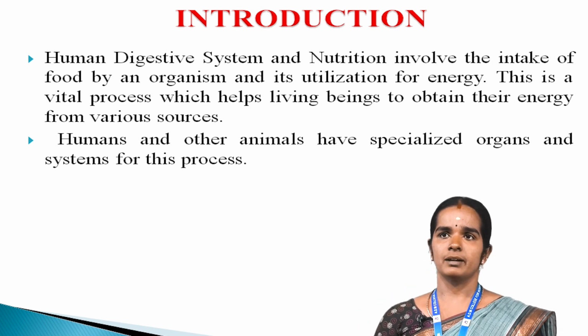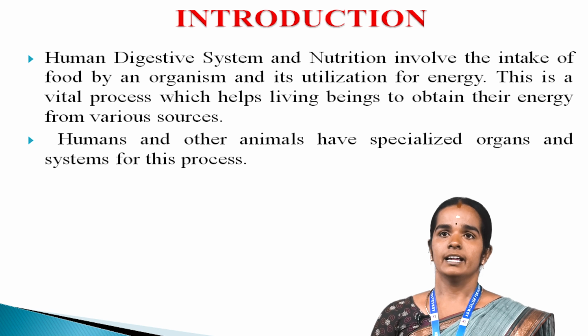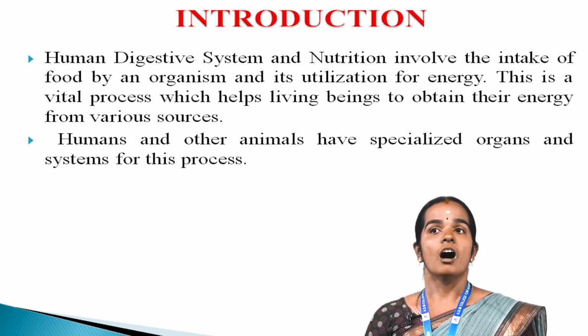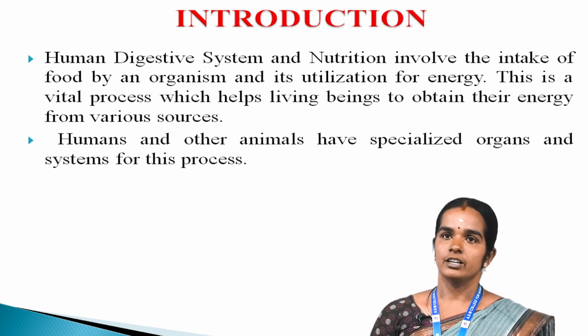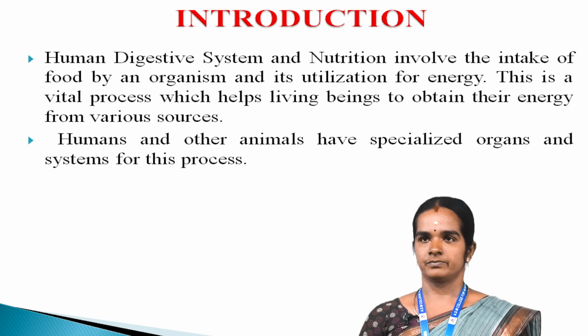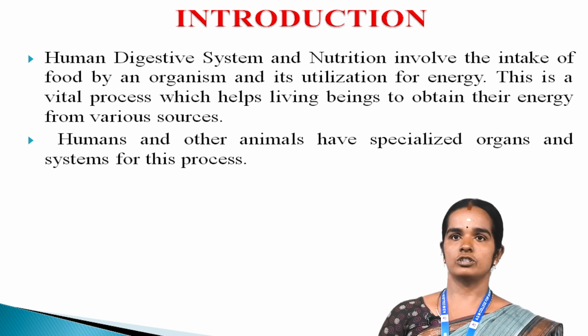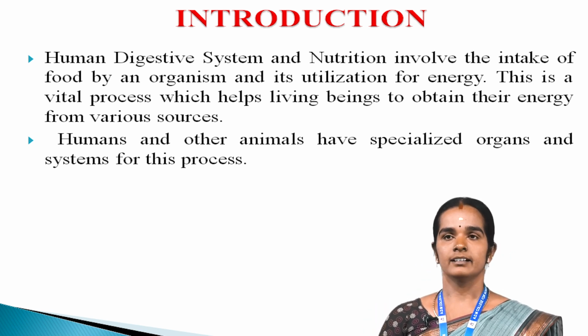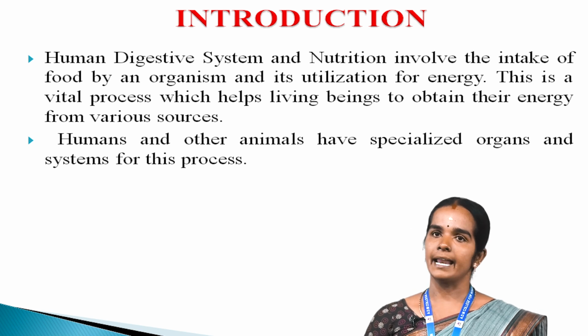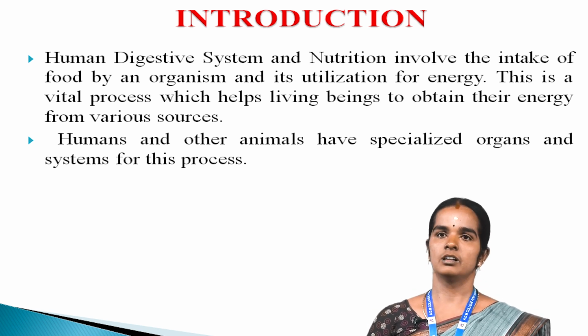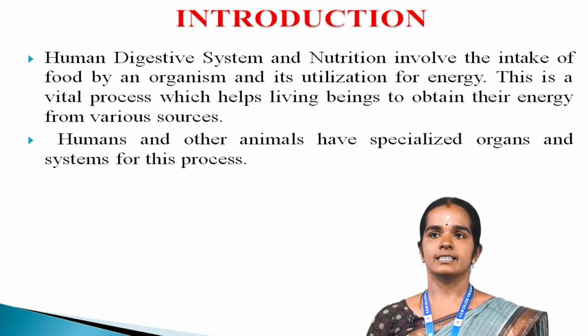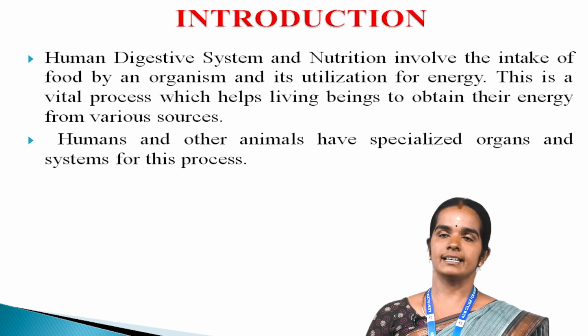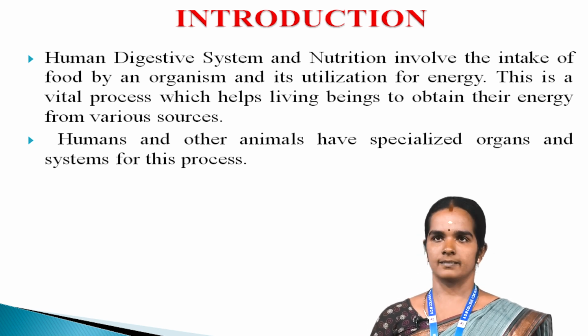Human digestive system and nutrition involve the intake of food by an organism and its utilization for energy. This is a vital process which helps living beings to obtain energy from various sources. Humans and other animals have specialized organs and systems for this process.